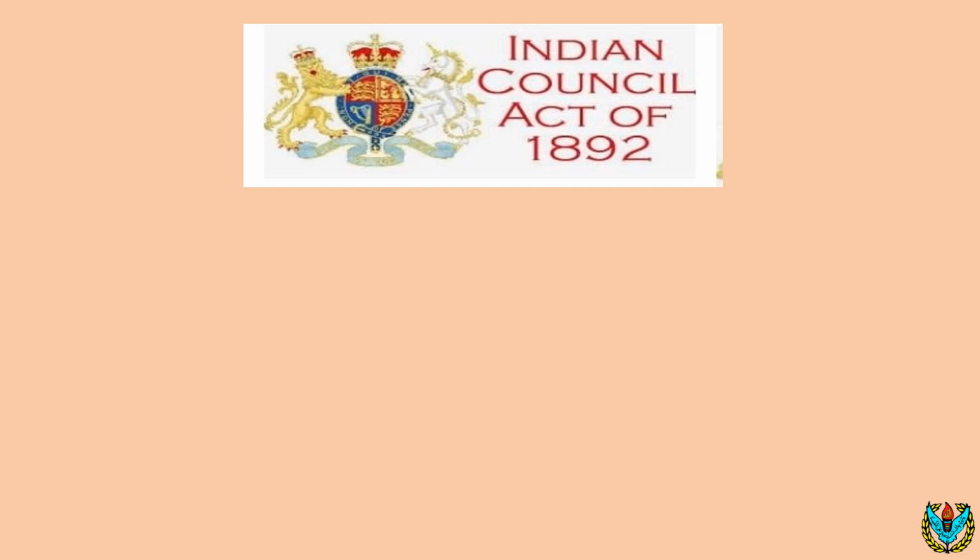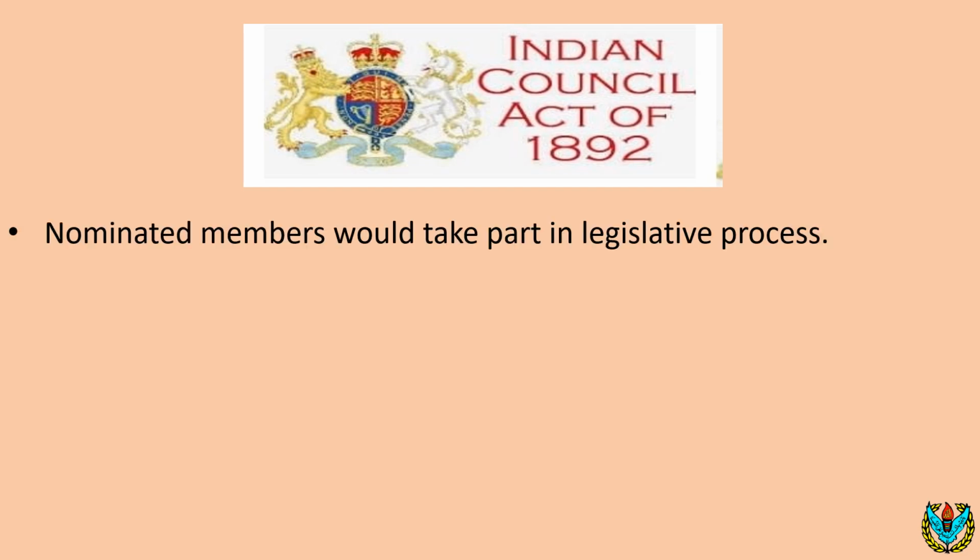All these laws were passed by the British Parliament, and the major features were: number 1, according to the 1892 Act, members of the municipal committees and representatives of business communities were nominated in the central and provincial councils. These nominated members would take part in the legislative process.